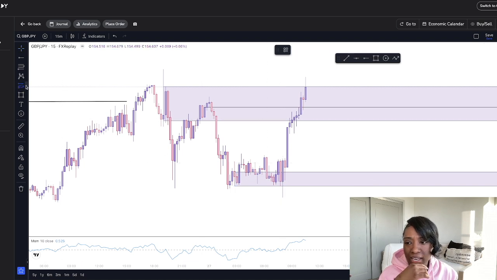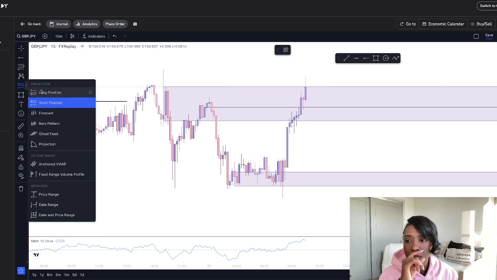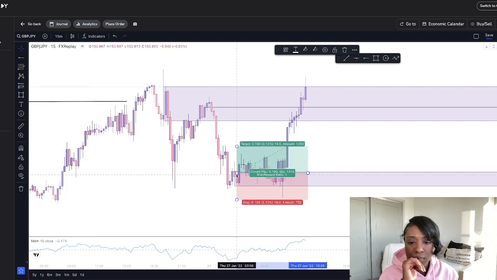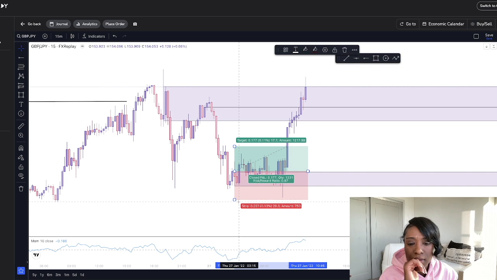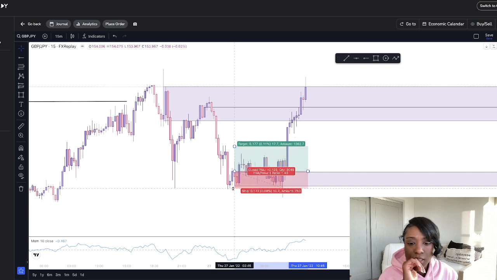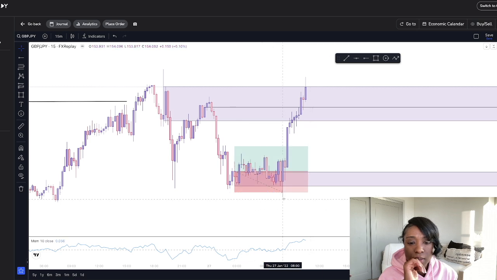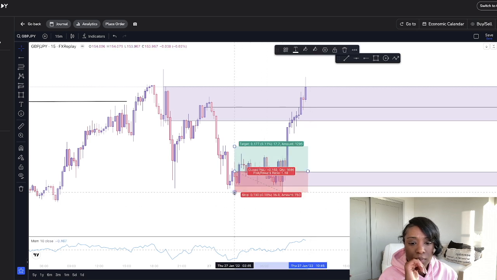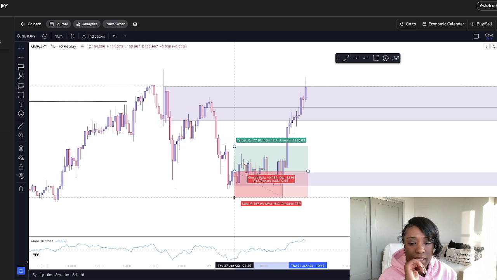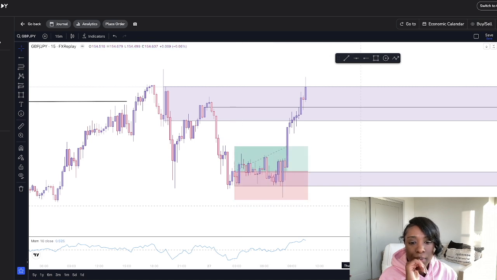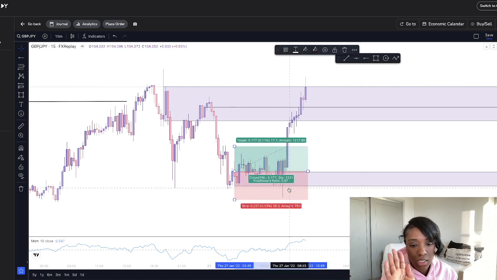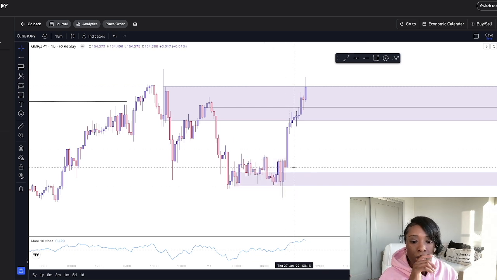I think it was a 15 pip stop loss, right? Yeah, it literally was that. So that alone was 18. I could have done 20, but no, I stuck to 15, which is fine.